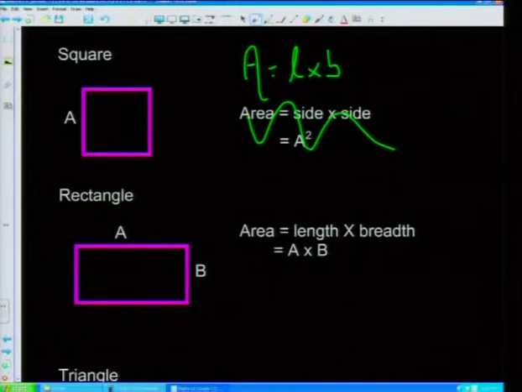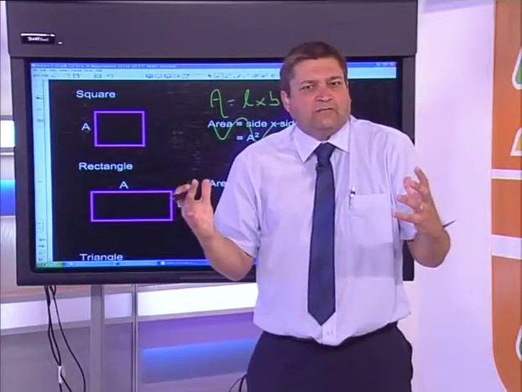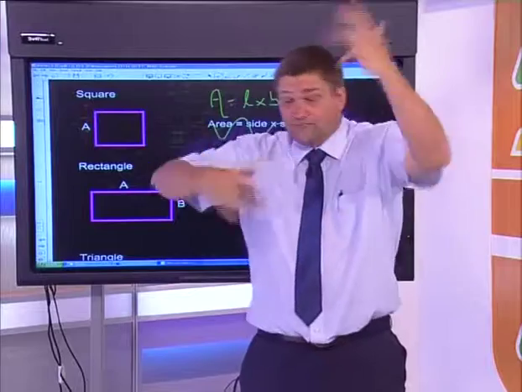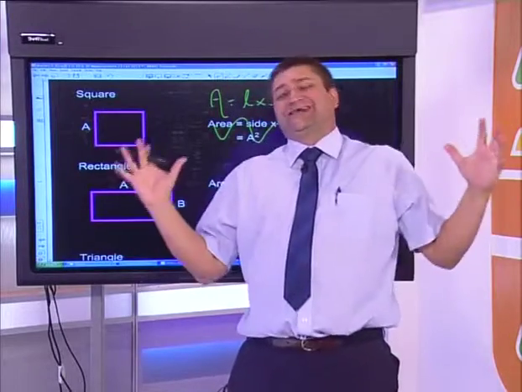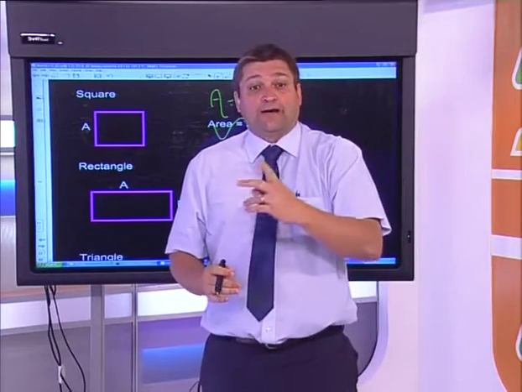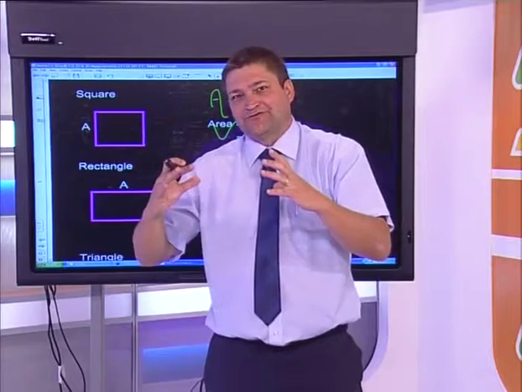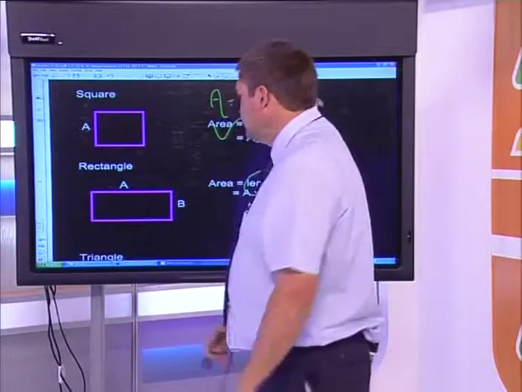Because the area of a rectangle is also length times breadth, and a square is a type of rectangle anyway. So instead of learning 300, 400 different formulas, let's just understand one. Area, length times breadth, whether it's a rectangle or whether it's a square.